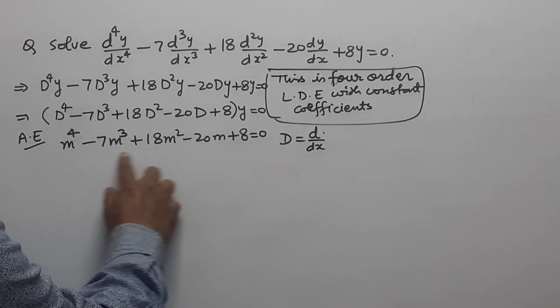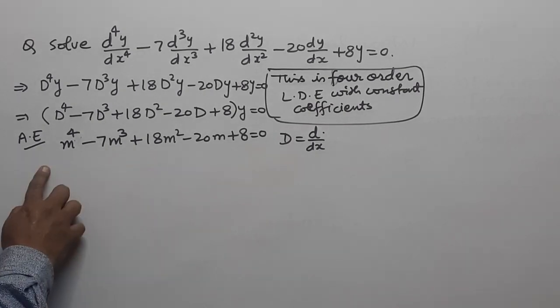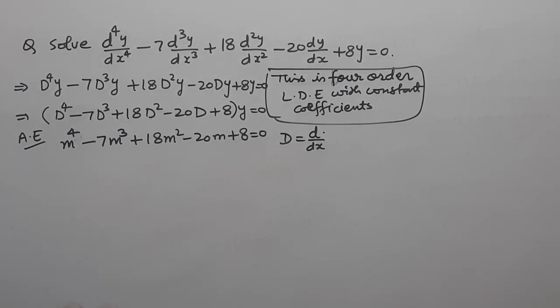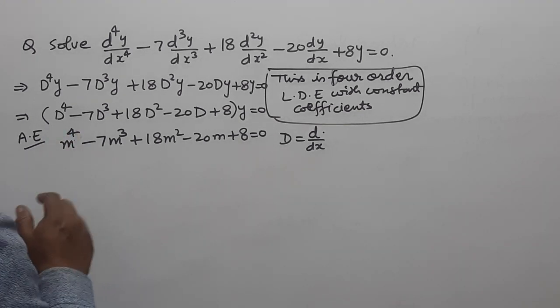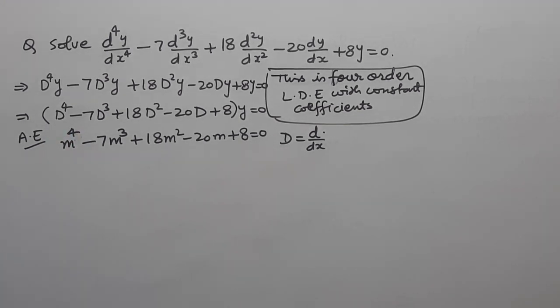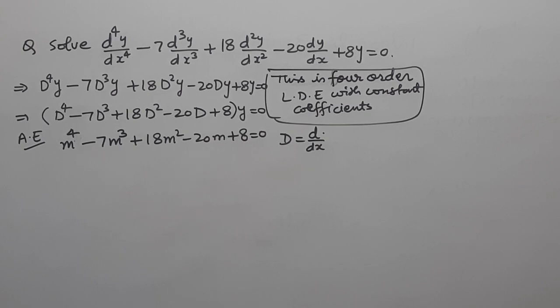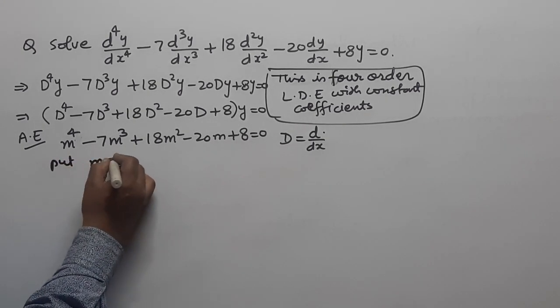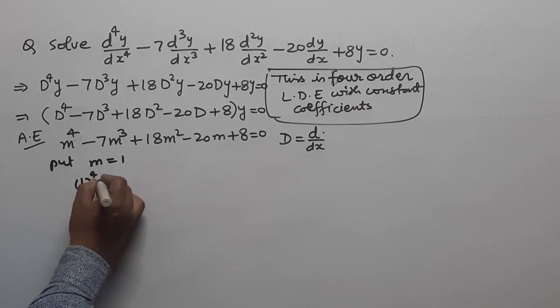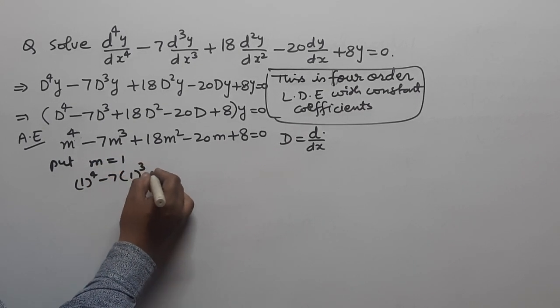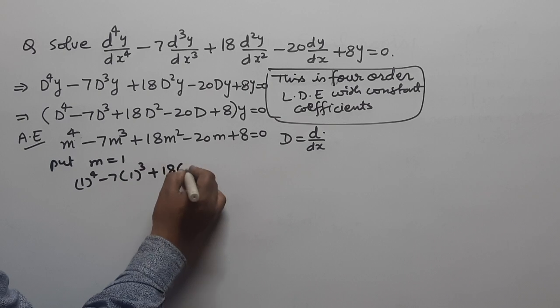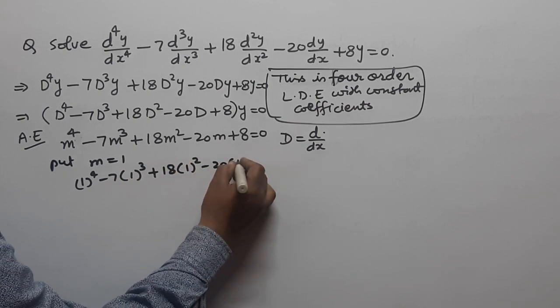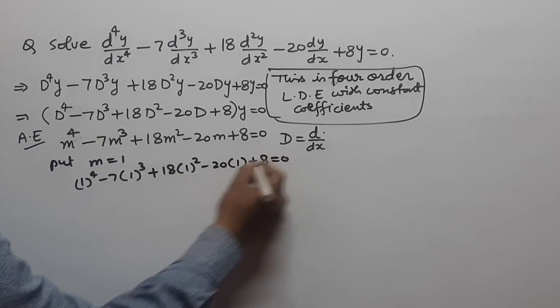So this is the biquadratic equation. First we find the roots of this biquadratic equation. If we put m equal to 1, this is 1 to the power 4 minus 7 times 1 cubed plus 18 times 1 squared minus 20 plus 8, and this is equal to 0.